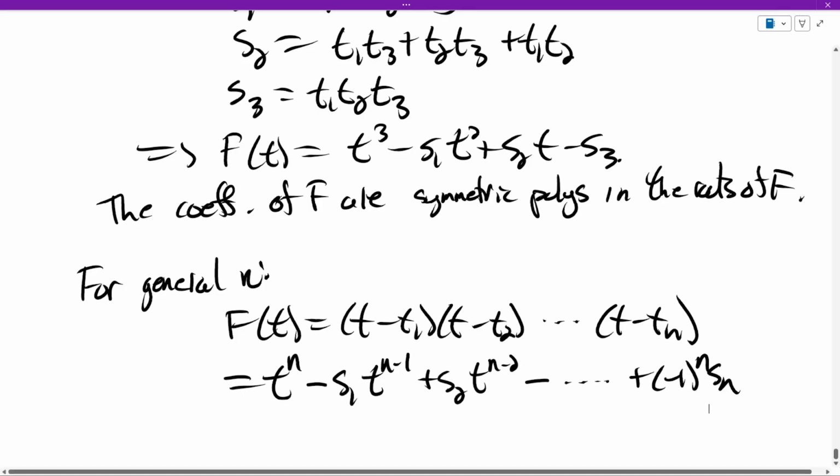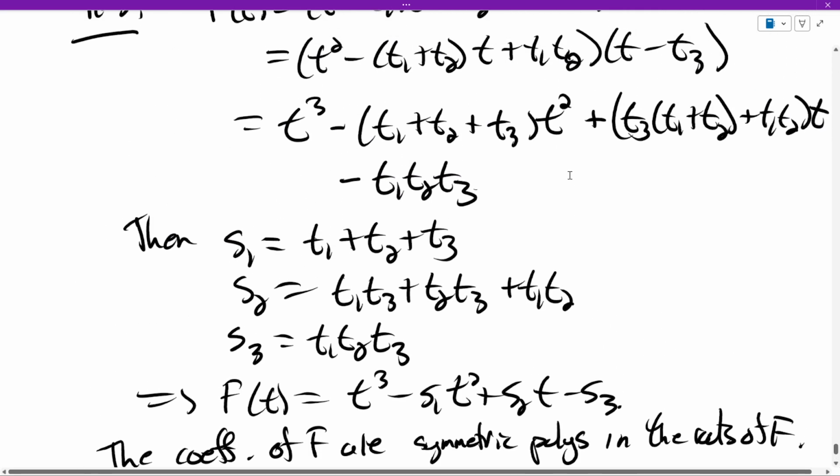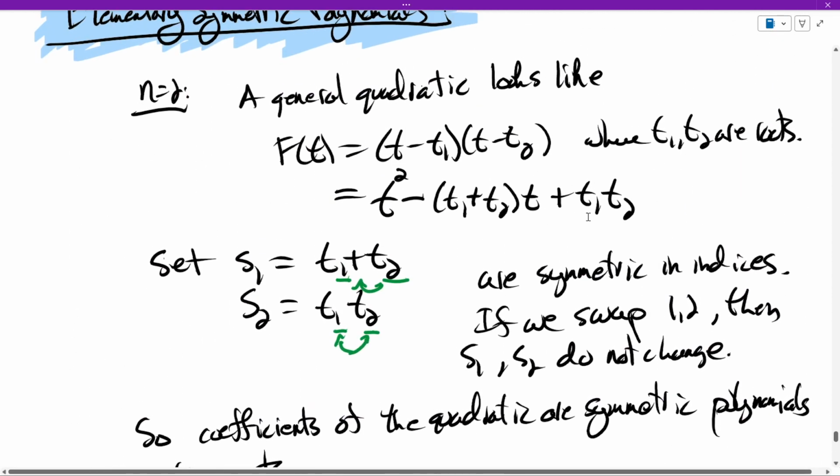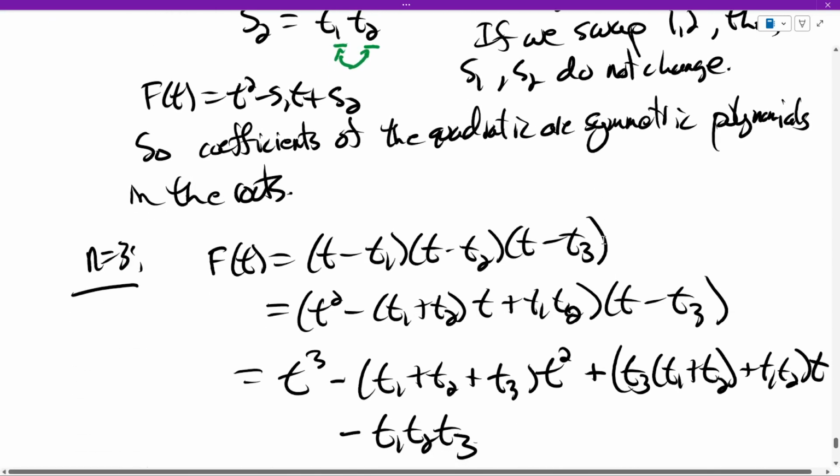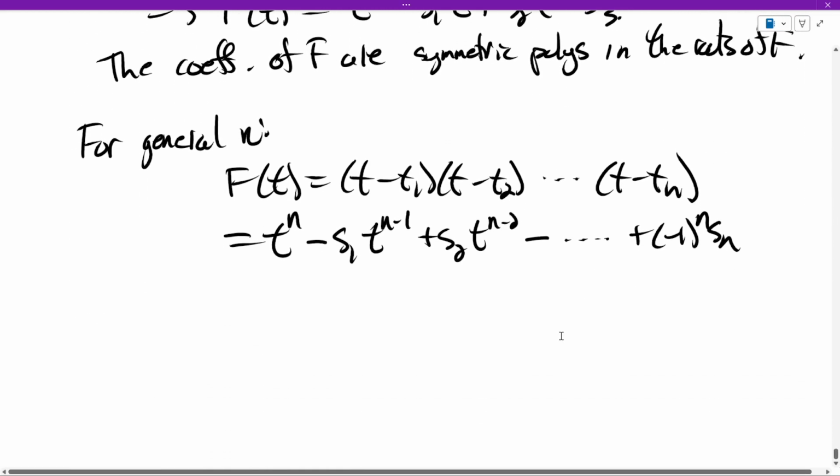So when n is odd, we get a negative number like we saw here, minus S3. And when n is even, like when we wrote f of t as t squared minus S1 t plus S2, we should get a positive. So it starts off negative and just alternates sign. That's the way to remember it.